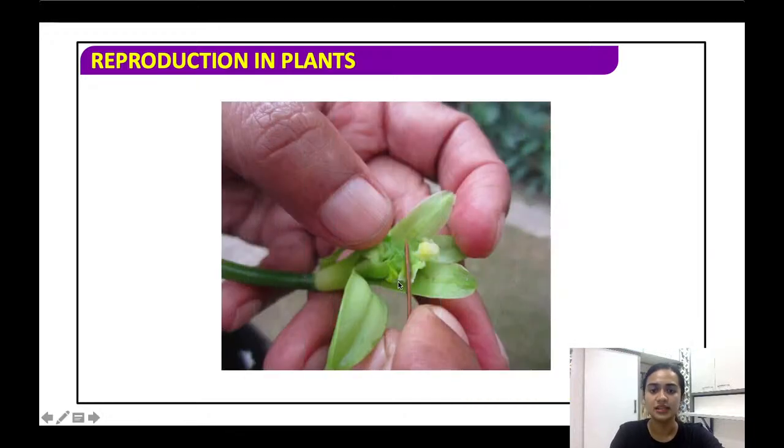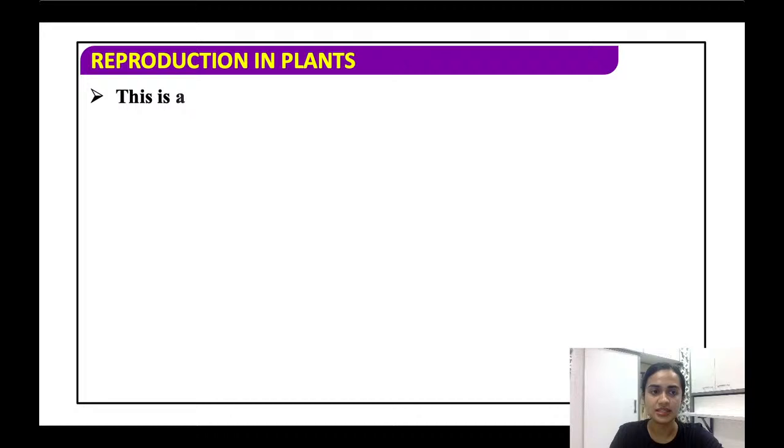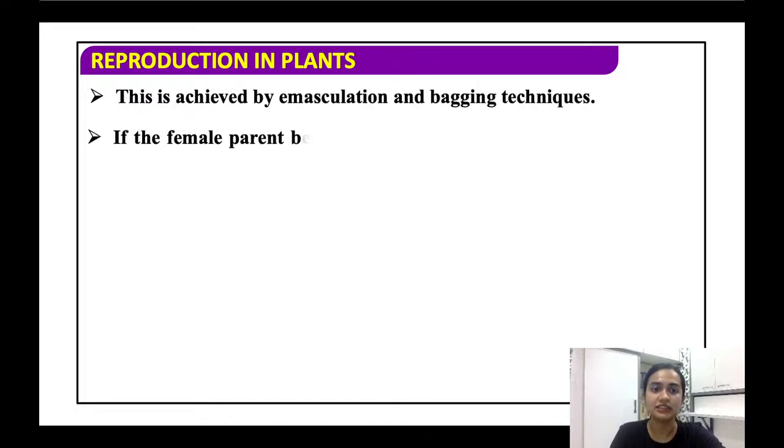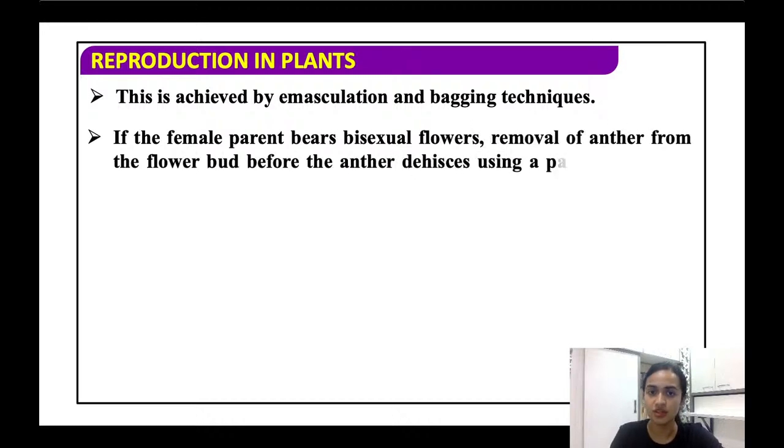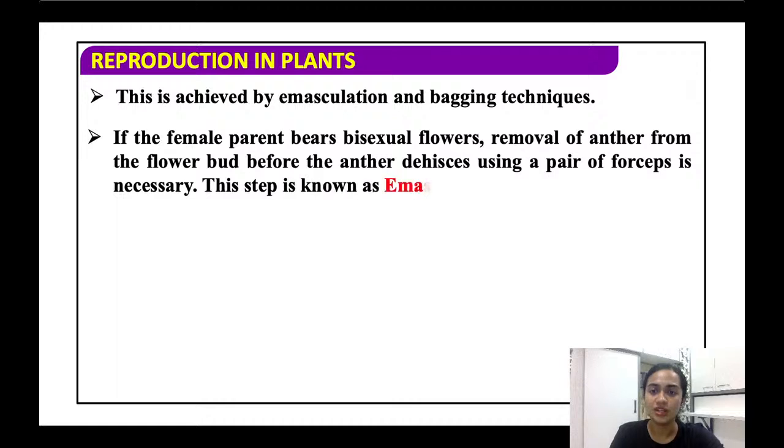How is it done? See, this is the first process. What is achieved by the emasculation technique is that the female parent bears the bisexual flower. So the anther is removed from the female flower bud before the anther dehisces.